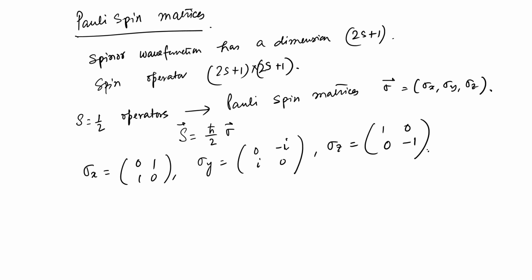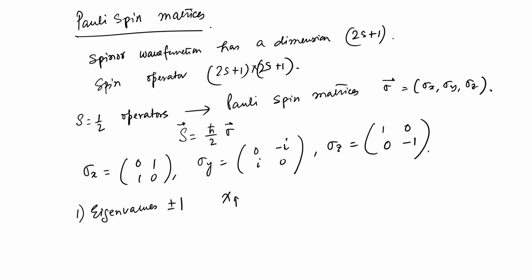Whichever you take, they have certain properties that are common, and one of the properties that is common is that the eigenvalues of each one of them are plus minus 1. Suppose you talk about sigma z and the wave function corresponding to that.